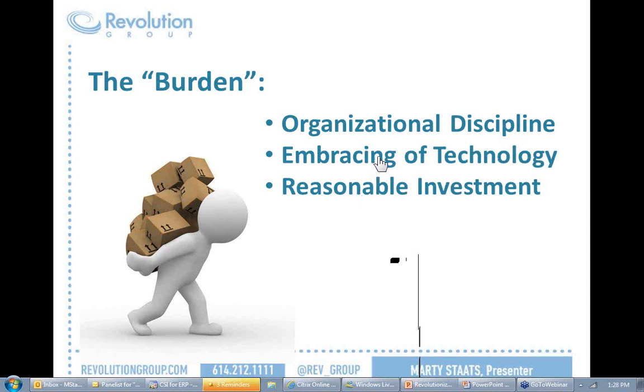Some people look at the bottom line investment of the scanners, the printers, or the computer workstations in their facilities, but they're not really considering the return on investment that those key investments provide. Hopefully we'll touch upon those in this next slide.